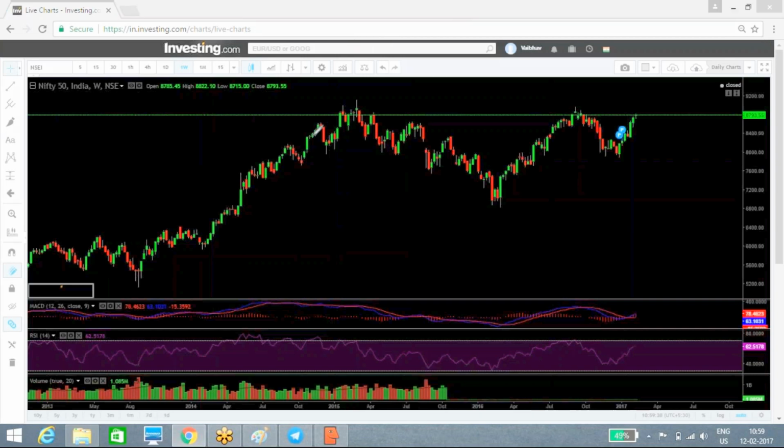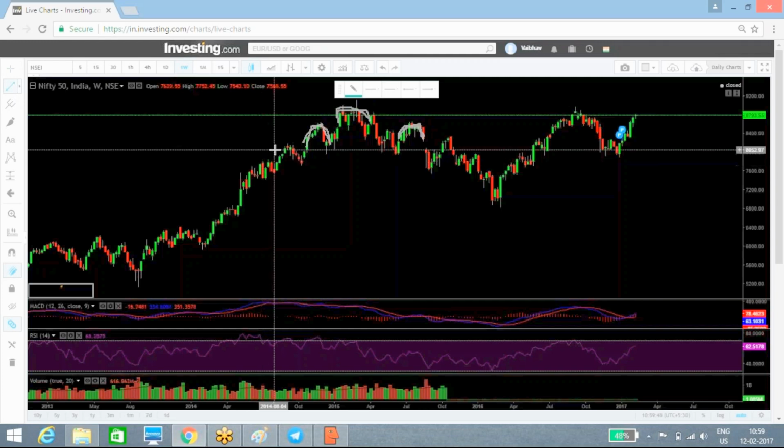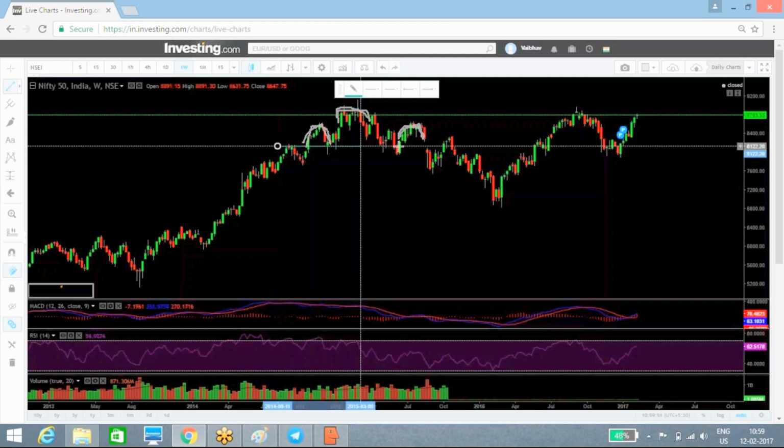All right. So you see, this is the shoulder. This is the head. This is on the weekly chart right now, and this is the shoulder again. And what you see from here is your neckline.